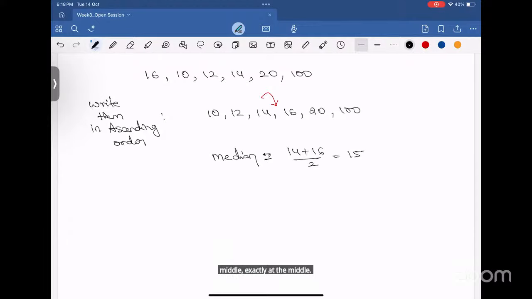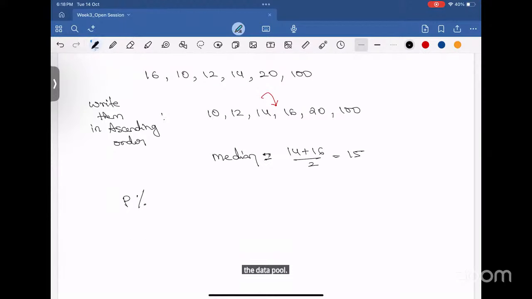Whereas when we come to percentiles, if I say p percentile, it means that p% of the data lies to the left, or is lesser than the data point.